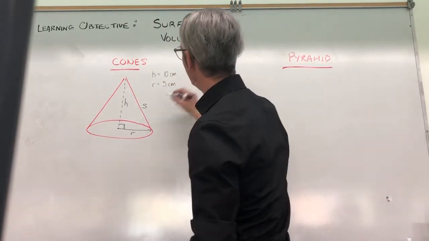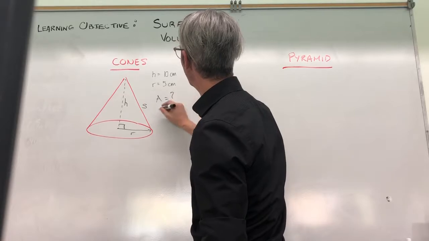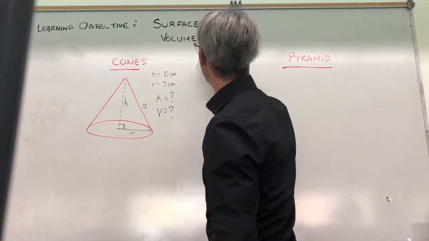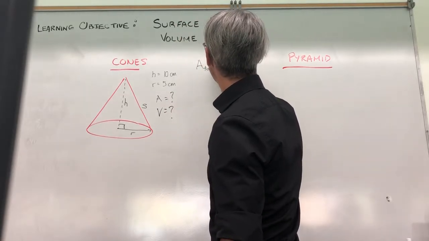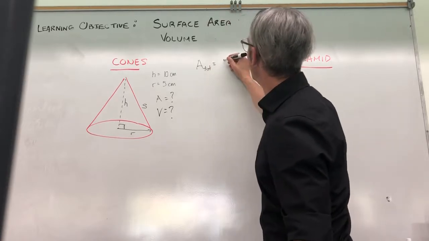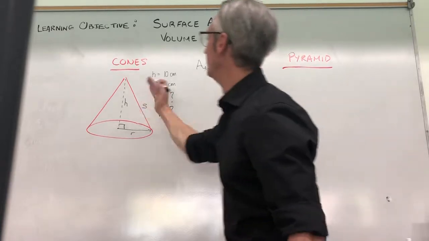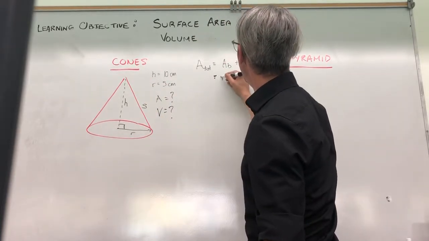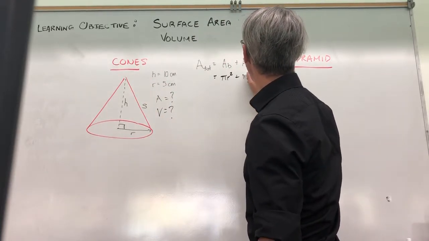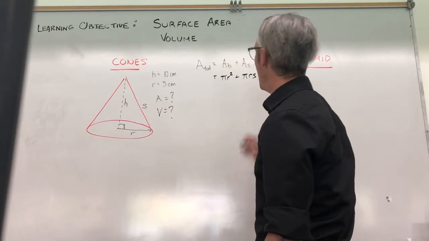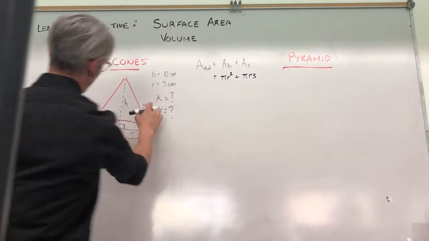And I say, what's the area and what's the volume? So I look at my area, which is area of my base plus area of my side. So it's pi r squared, we know, plus pi r s. I don't know s, so I have to use the Pythagorean theorem to figure out s.